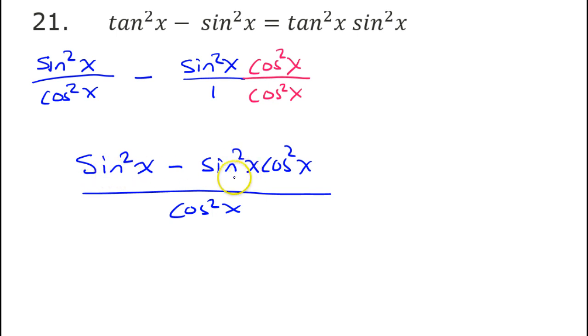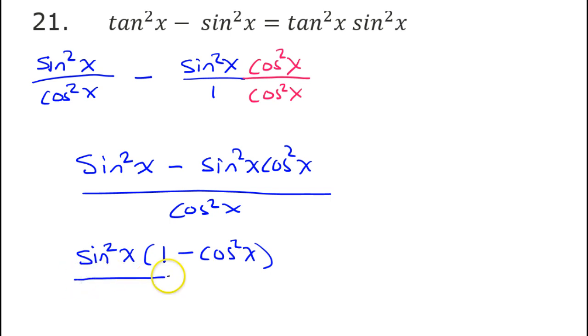See the sine squared x and the sine squared x? I'm just going to slide that off to the side. So that will give me sine squared x times 1 minus cosine squared x. That looks real familiar. Okay, over cosine squared x. Where have I seen 1 minus cosine squared x before?